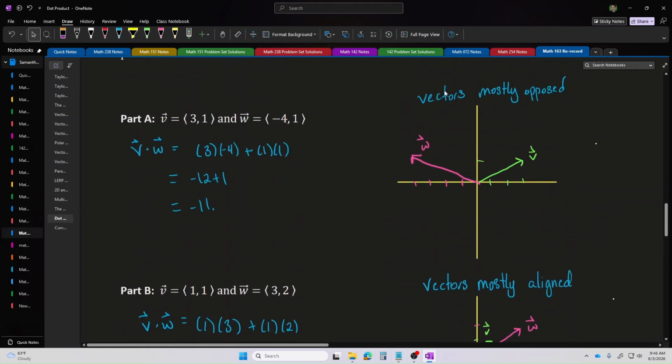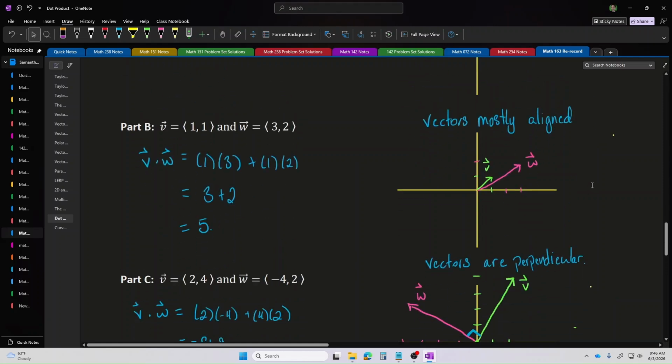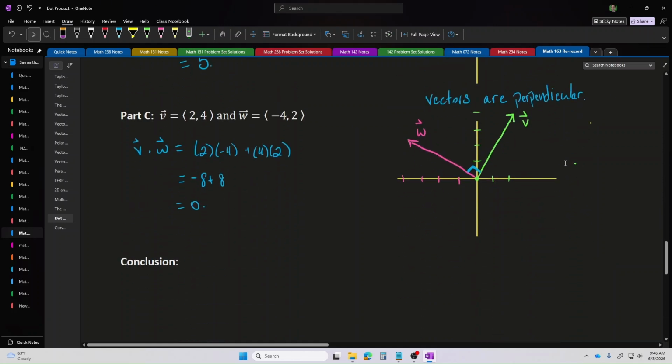In the case that the vectors were mostly opposed, the dot product produced a negative value. In the case that the vectors were mostly aligned, the dot product produced a positive value. And in the case that the vectors were perfectly perpendicular, the dot product produced a 0 value.